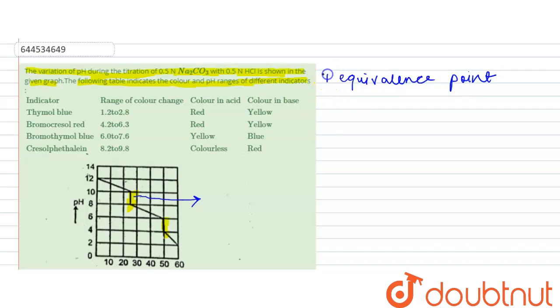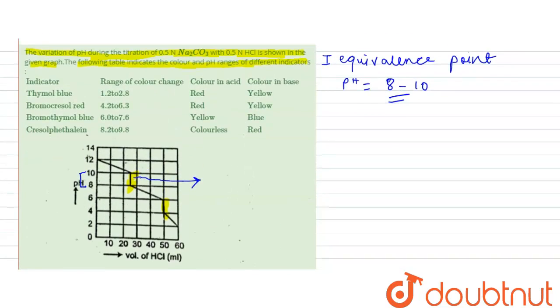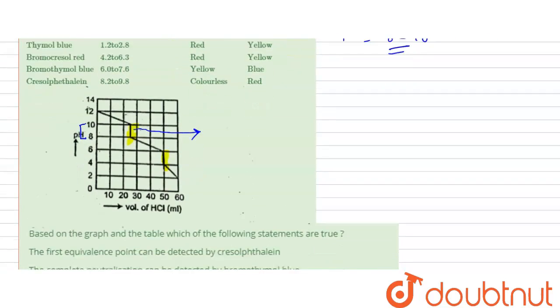So the first equivalence point is lying in the pH range of, you can see, 8 to 10. Now you need to check which of the indicators has the range of color change between 8 to 10.